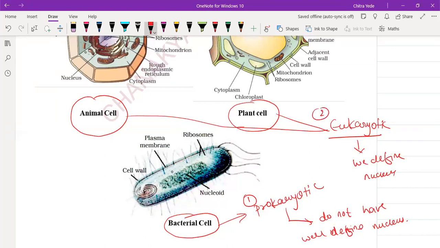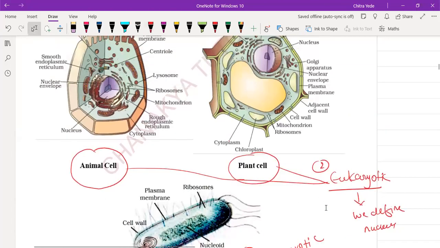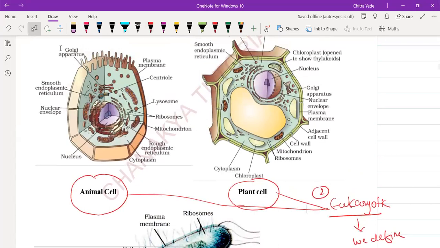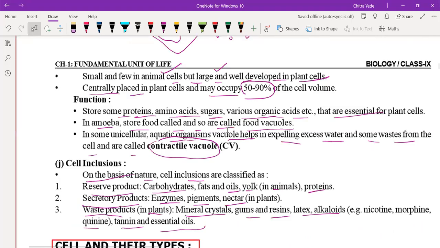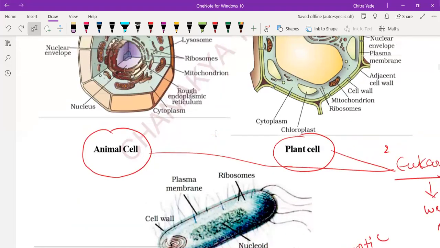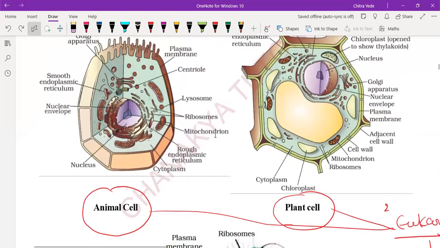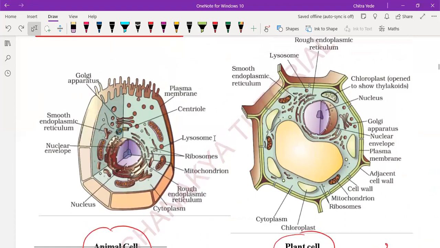Understood, everyone? So here we have the plant and animal cell. Eukaryotic cells are again of two types: one is called plant cell and the other is called animal cell. There are certain differences between them. The plant cell contains an extra layer, which is called the cell wall.